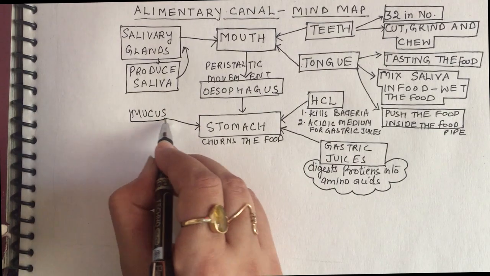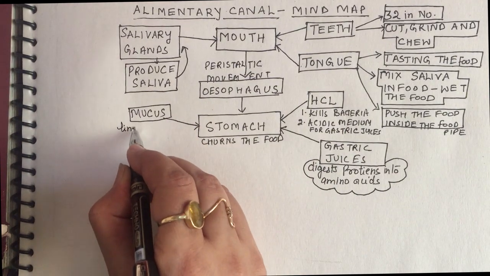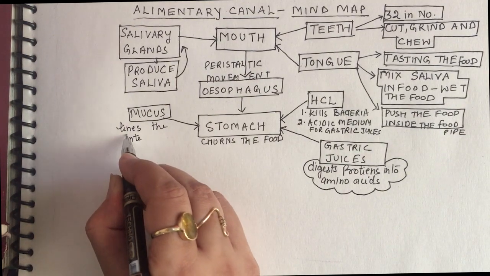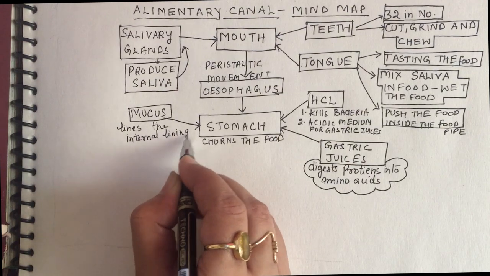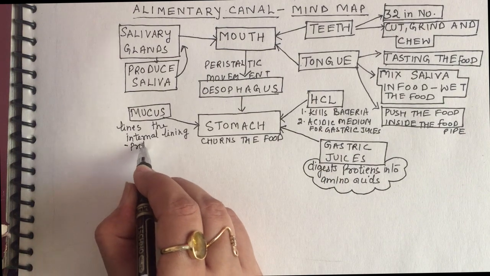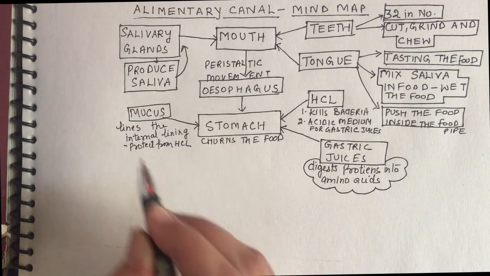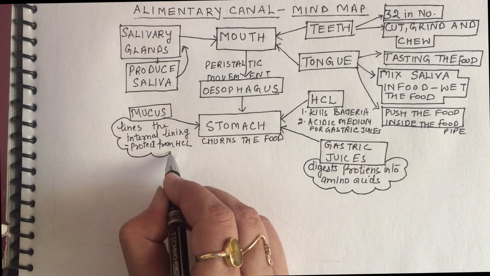What does the mucus do? Mucus lines the internal lining of stomach so that to protect from HCl, because the HCl is a very strong acid.